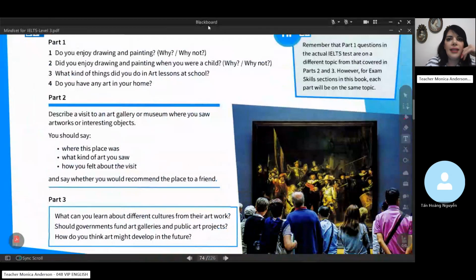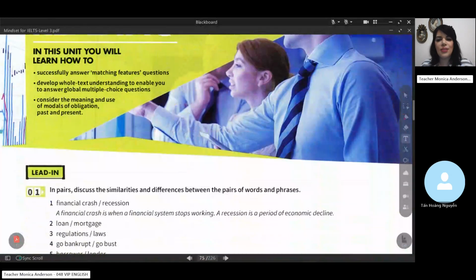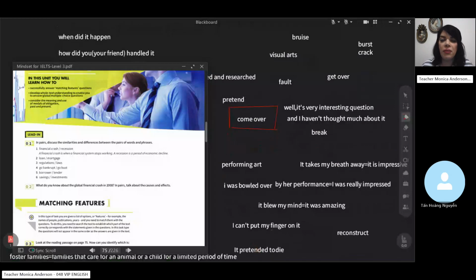Another one, the last part too. Before we keep going, I want to talk about something, because I suddenly thought of this phrasal verb, come over. Let me explain, because you actually get confused while using this phrasal verb.